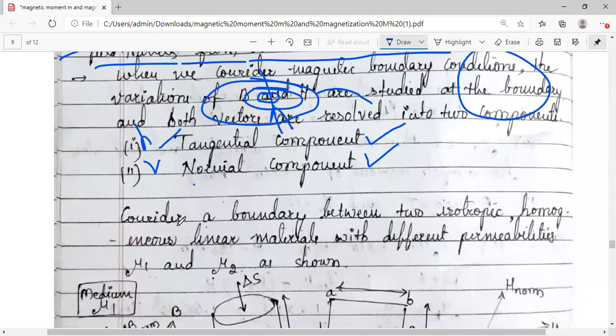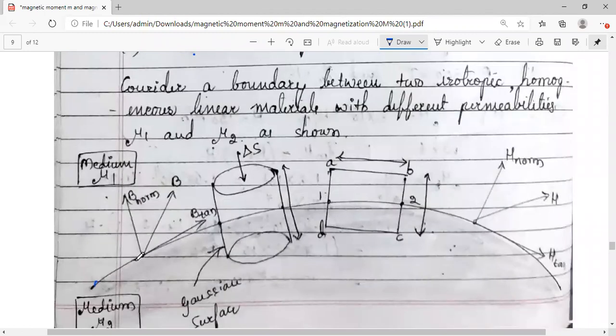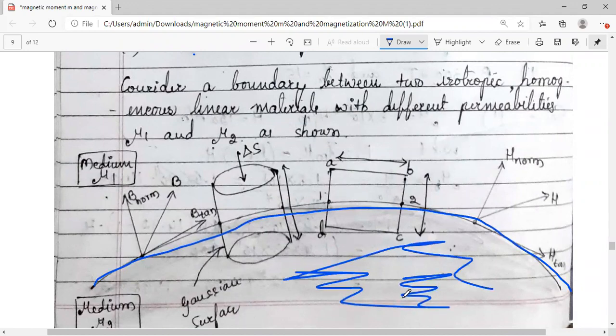Now, this is the figure. You can see, this is the boundary, and some shaded region is there. I have shaded this region to indicate that this is a magnetic material and this is a different medium. Both are different mediums. You can assume this to be air, or one more conductor, or one more magnetic material, but with a different permittivity or permeability value.